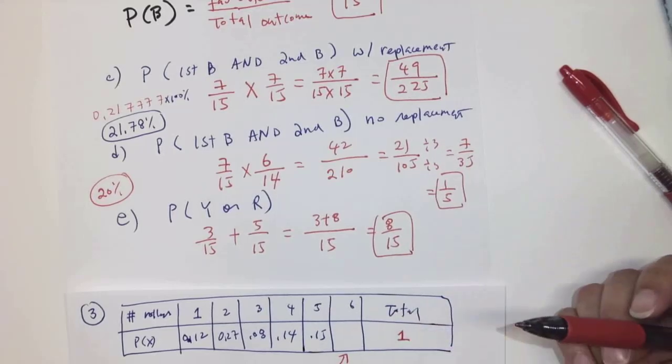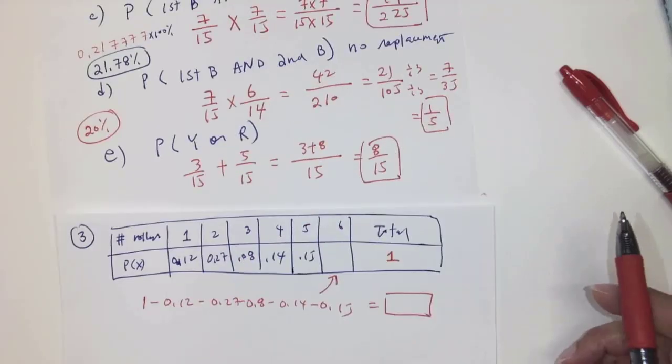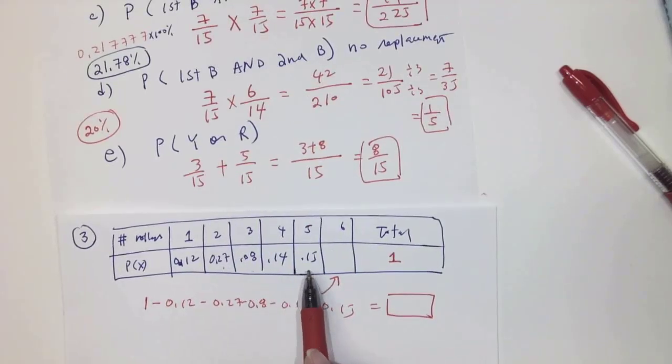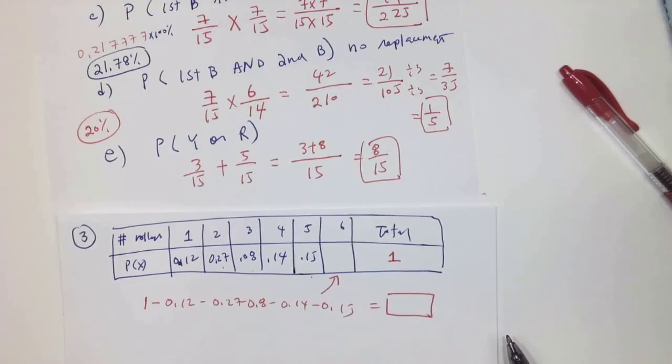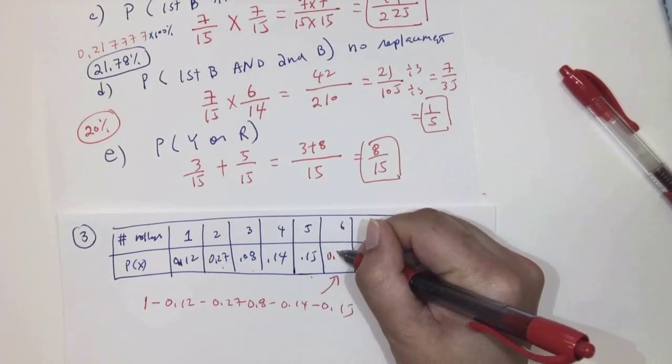What is the missing part? Okay. 0.12, 0.27, 0.08, 0.14, 0.15. I got 0.24. Anybody second that? I'm not going to write it down until I have at least two answers. Yeah, it's the same. Okay, 0.24. So I'm going to put 0.24 here.